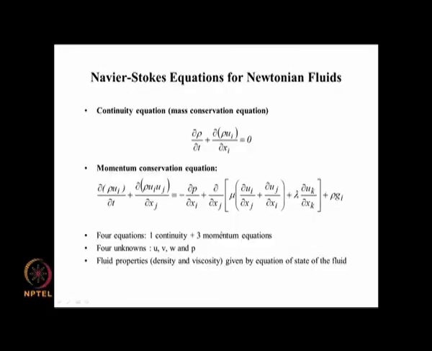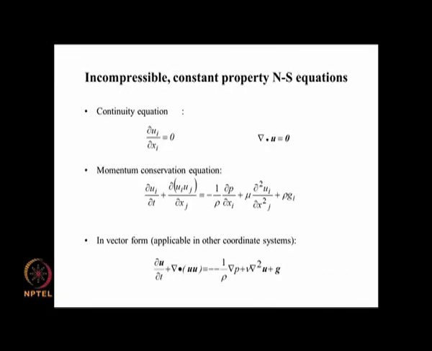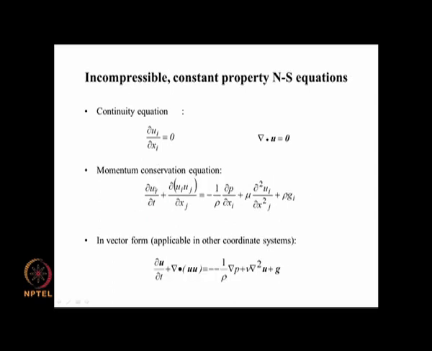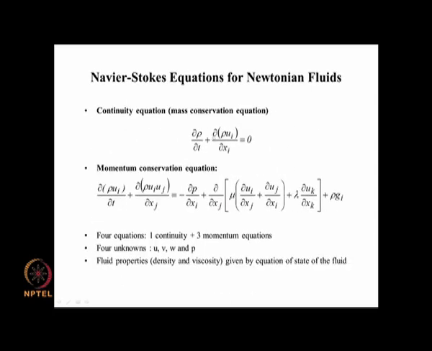We will come to that later, but let us take a simplified form of this, which is the case of incompressible constant property flow, which, for example, most water flows without any heat transfer obey. If incompressible, then density is constant, so this becomes 0 here.